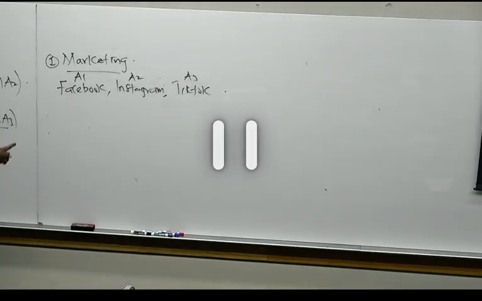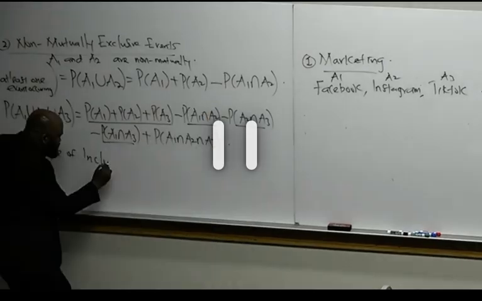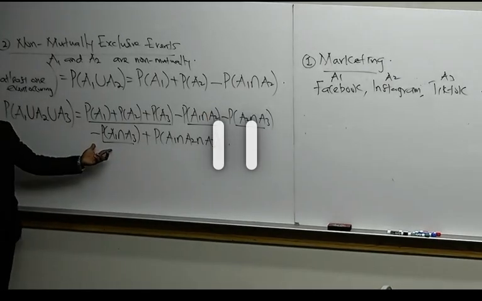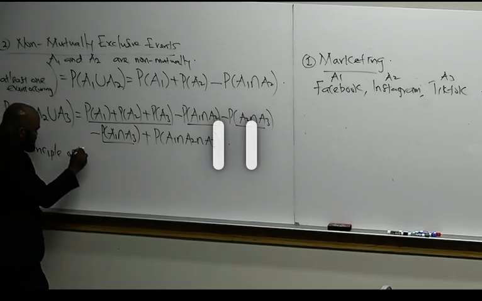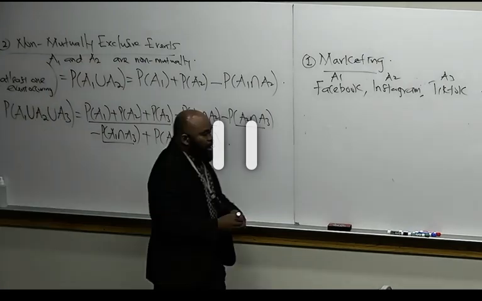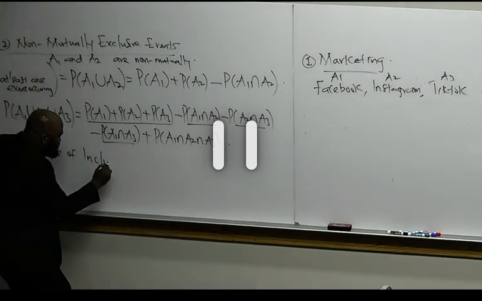Now, this particular company wants to find the proportion of customers reached on at least one social media platform. I'm talking about at least one event. Now, I have to use this. This is called the principle of inclusion-exclusion.